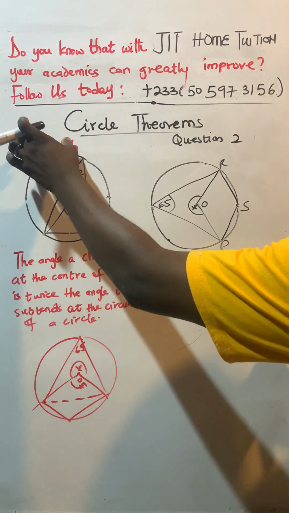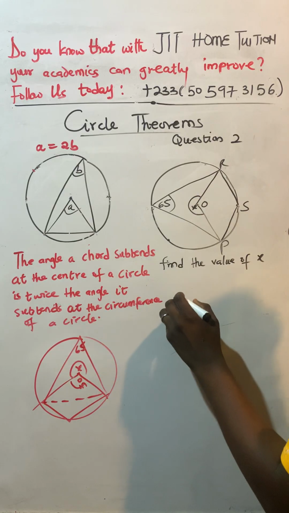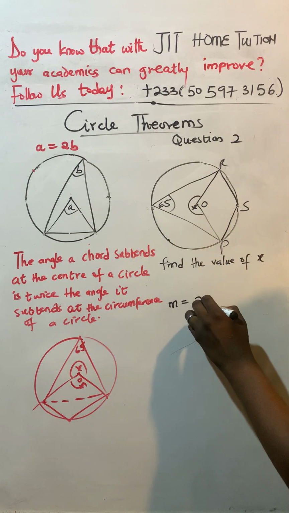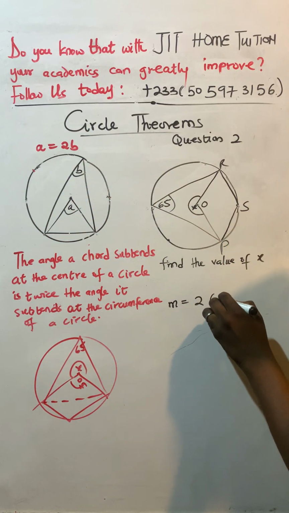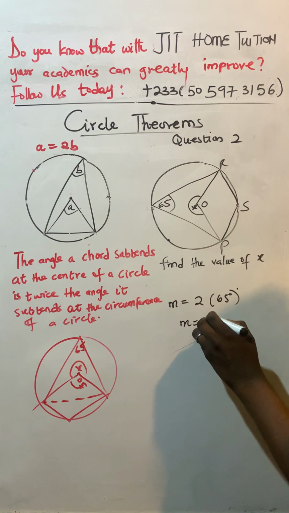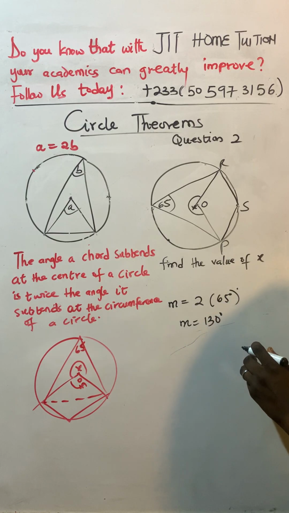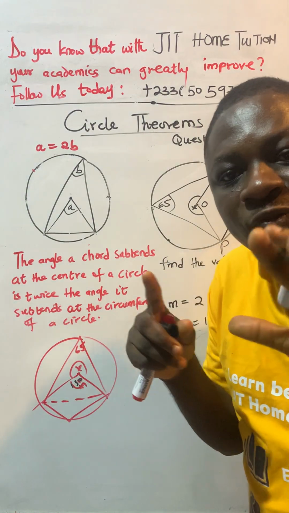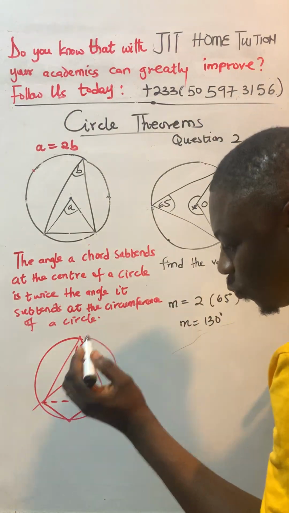So based on this, M is equal to twice of that, which is 65 degrees. So M will be equal to 130. Now, having gotten this side to be 130, your understanding of angles will come in here. What do I mean by that?